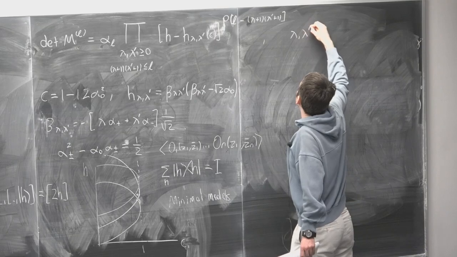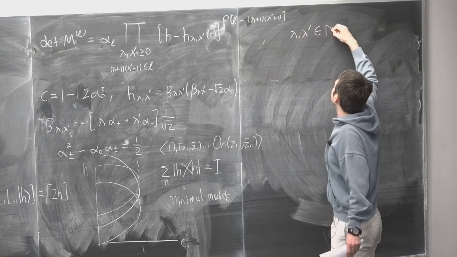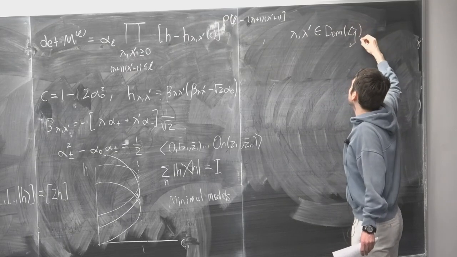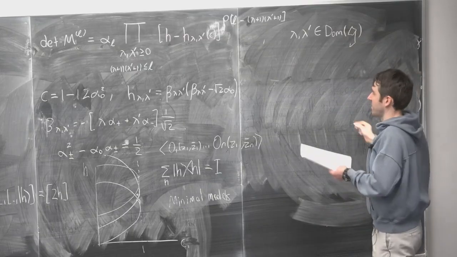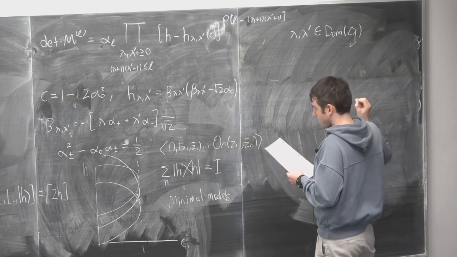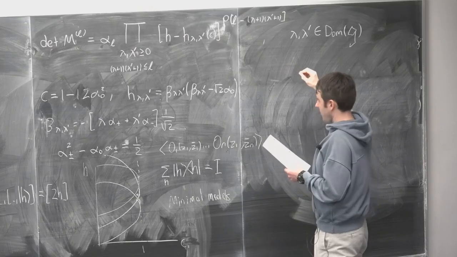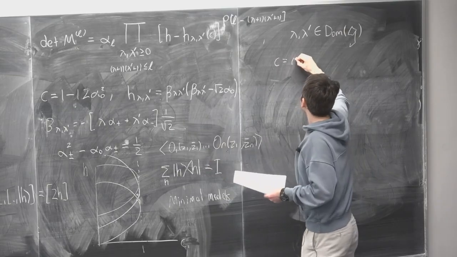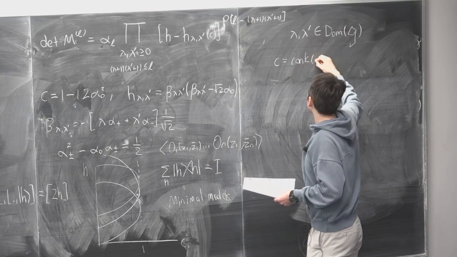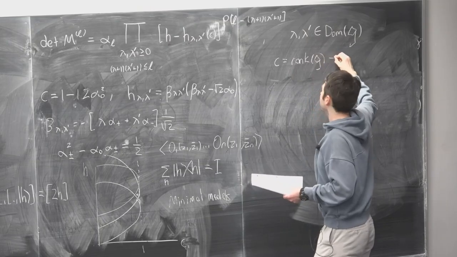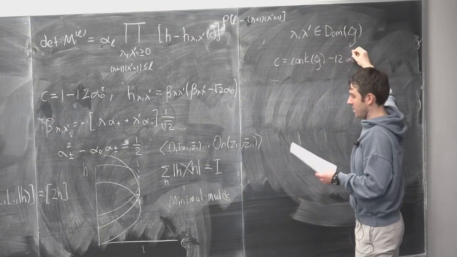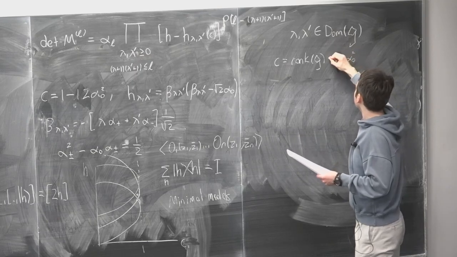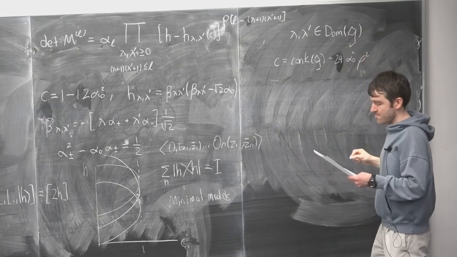you could have lambda and lambda prime be dominant weights of some Lie algebra. Let's say a simply laced Lie algebra. I think there are subtleties otherwise. And then the generalization of this will be the central charge being less than rank G. Okay, now it's 24. Because we have the Weyl vector squared.